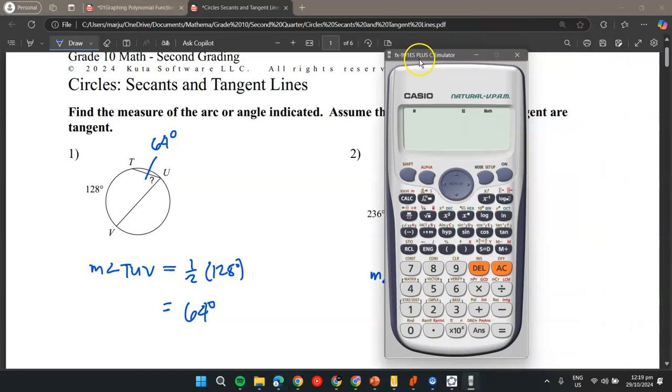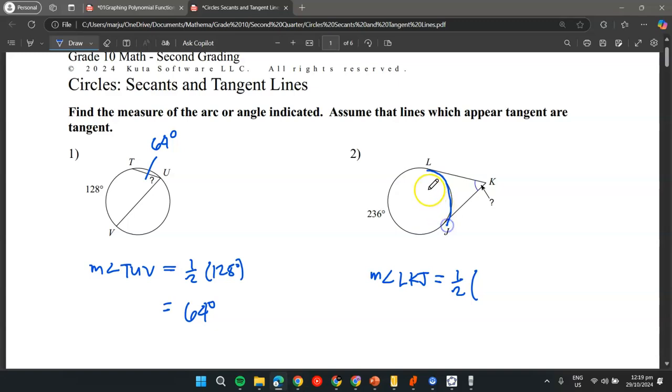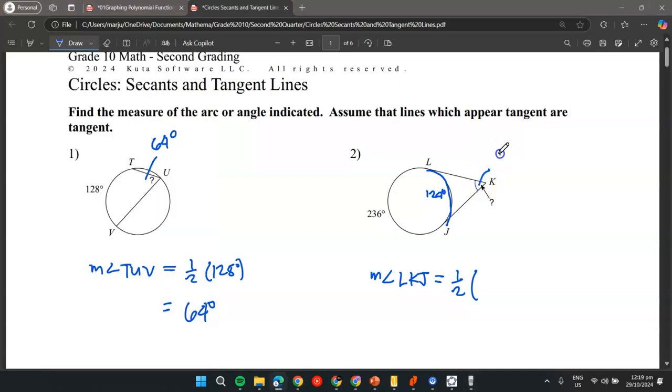To find the minor arc, we have 360 minus 236, that is 124. Then we take the difference, 236 minus 124, and divide it by 2, and we get 56. So this is 56 degrees.